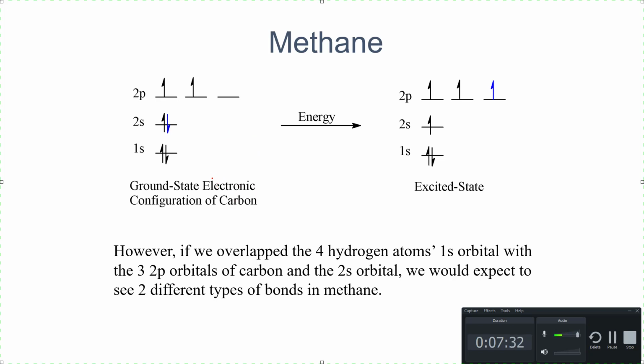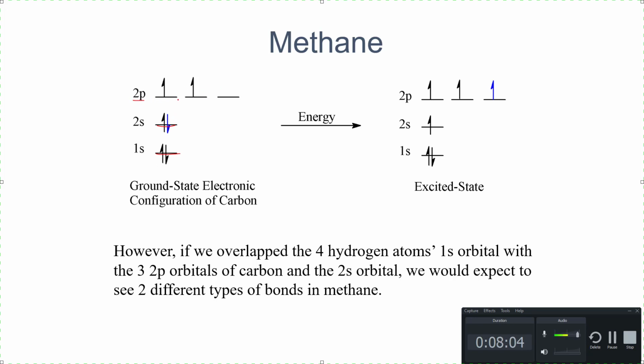The first complication people had to solve in coming up with hybridization for methane is that the ground state of carbon is 1s2, 2s2, and 2p2. Remember that when you're drawing out the ground state electronic configuration of atoms, you always fill each orbital with 2 electrons before you move to the next higher orbital.